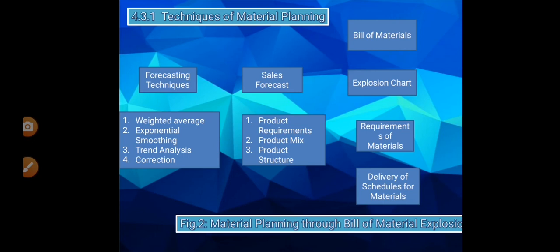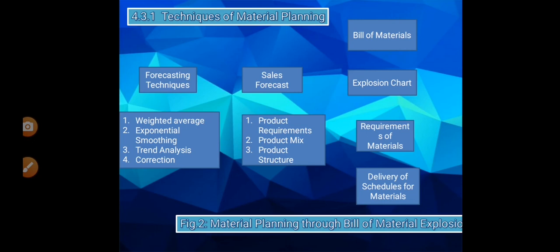Next is the delivery scheduling for materials. The category selected for the purchase order type when the delivery schedule is created regulates the type of the schedule to be used.